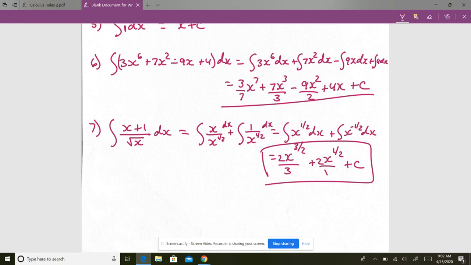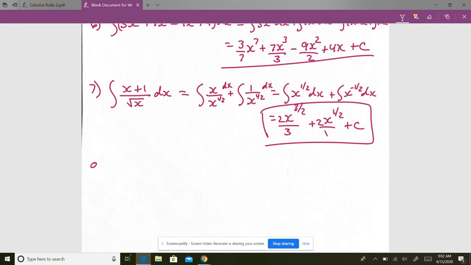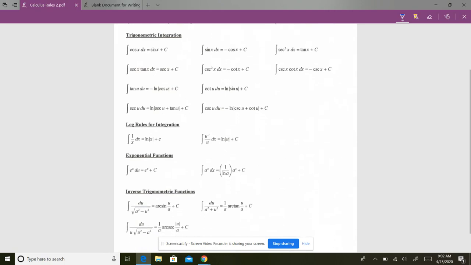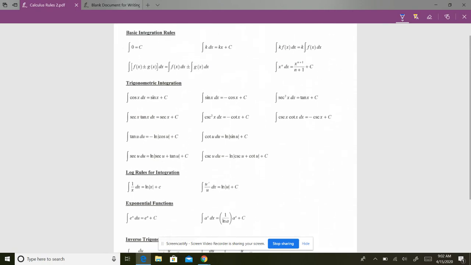All right, let's do one slightly more complicated one. So the integral of sine x over cos squared x dx. So when you're doing trig, if it doesn't match, so here's our trig rules that I will post.